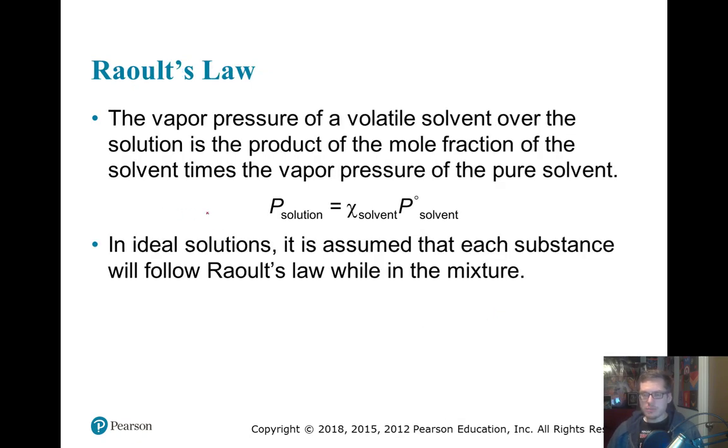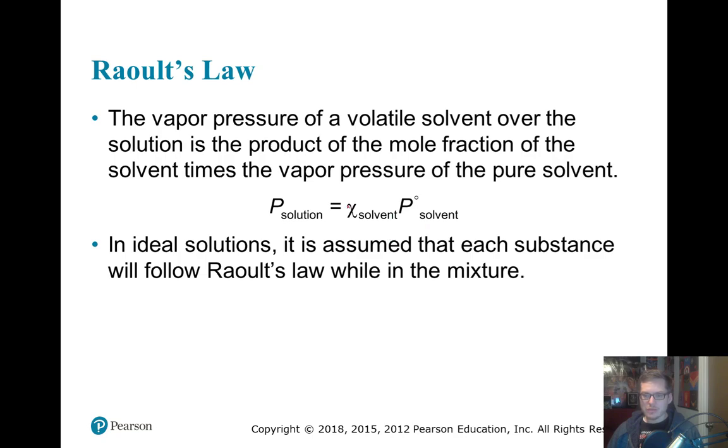This vapor pressure can be determined by using Raoult's law. Raoult's law states that the pressure of the solution is equal to the mole fraction of the solvent times the partial pressure of the solvent.